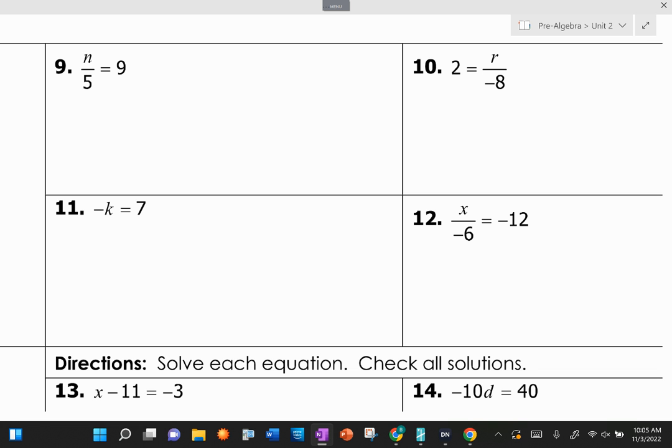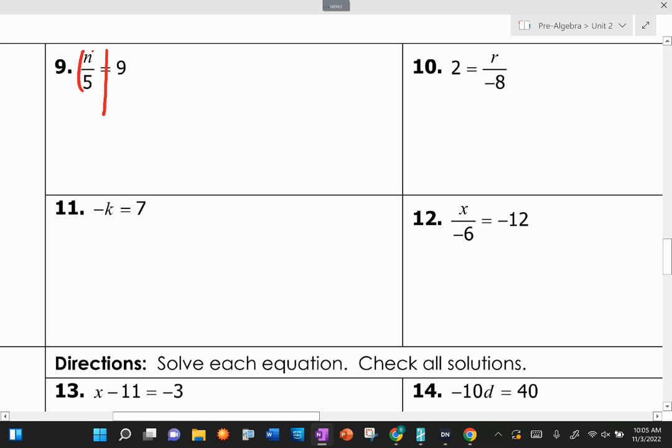So locate the variable. Where's the variable? We'll say on our left. So what operation is being done to the variable on number 9? It's division. We see a fraction, it's division. If we see a fraction, it's division. So, Izzy, what's the opposite of dividing by 5? Multiplying by 5. So this is how I would like for it to look.